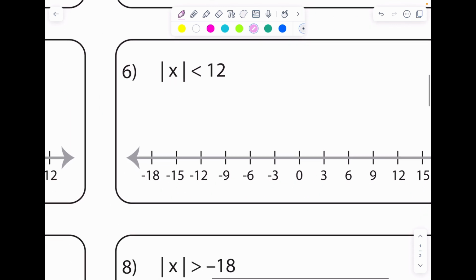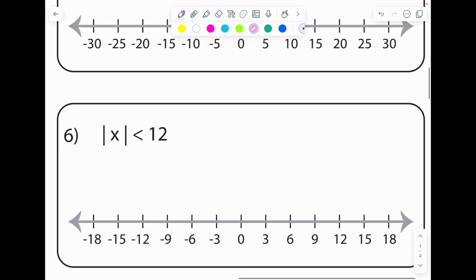So let's change one of these problems, and that means the graph is going to be different. Let's say that I've got 1/2 times the absolute value of x, and first I'm going to add a number like +1, is less than or equal to 14.